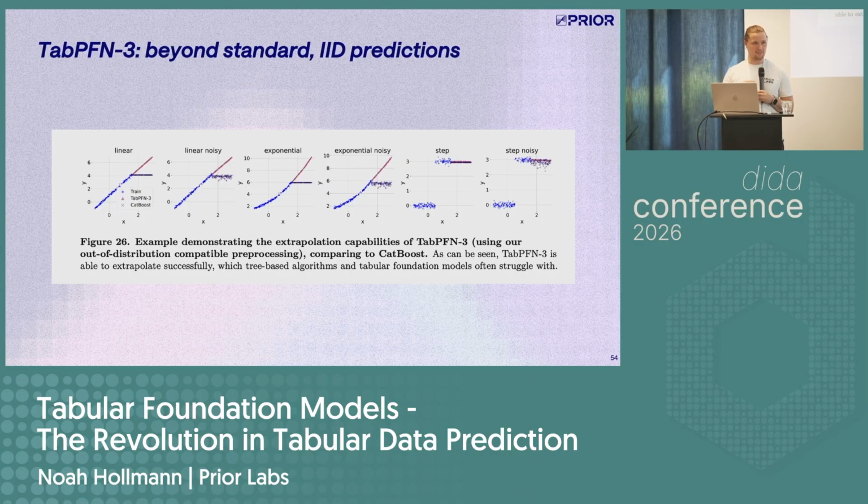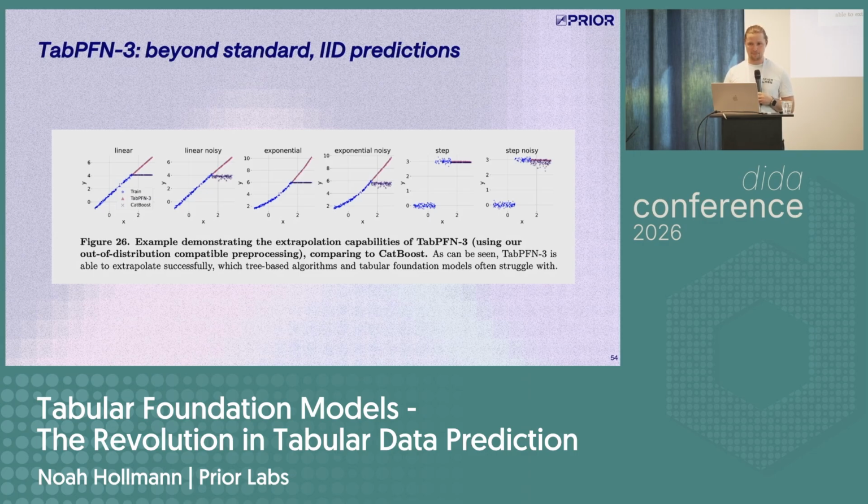So even just having a straight line, of course, a linear model is great at that because it's exactly what it would expect. A tree-based model would just cut it off. In an MLP, you really just don't know what it will do. And really, there's no model class that is good at extrapolating these different trends that you could see beyond the distribution that you had in your training data.